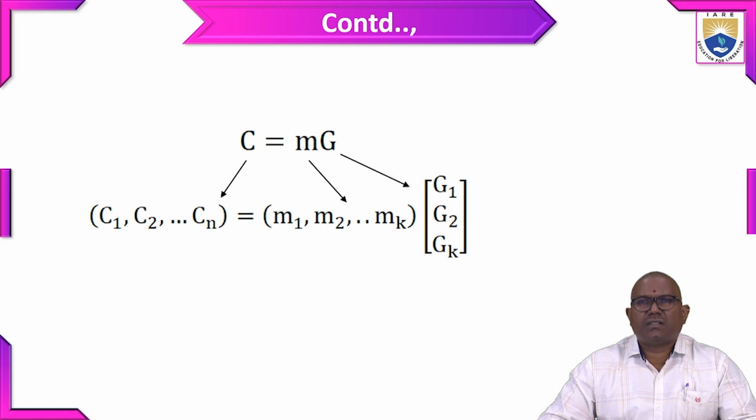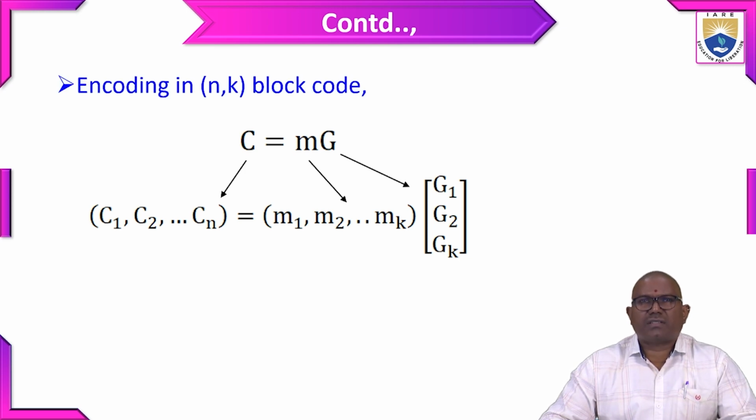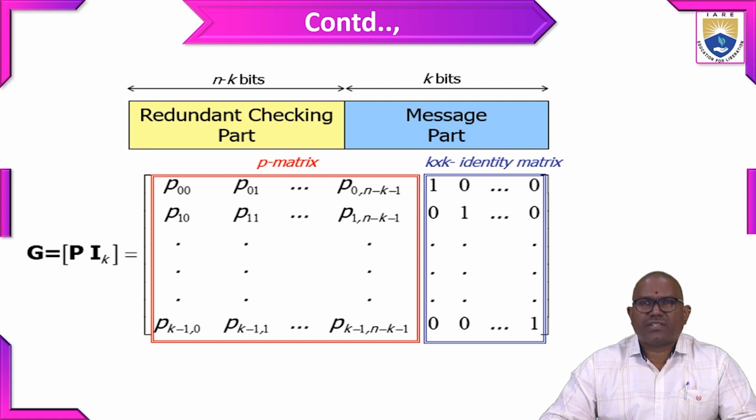So here, C equals M G. What is C? Code. M is the message. G is the generator matrix. So this is encoding in an (N, K) block code. Here you can see this is N minus K. What is N minus K? Redundant matrix.